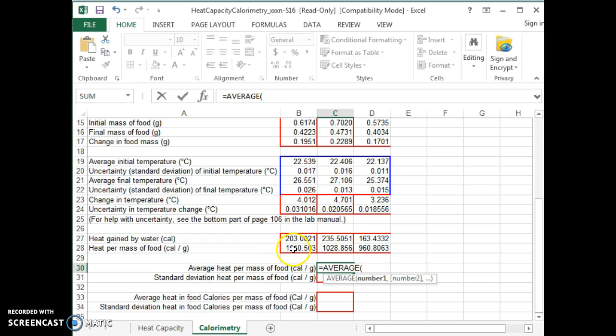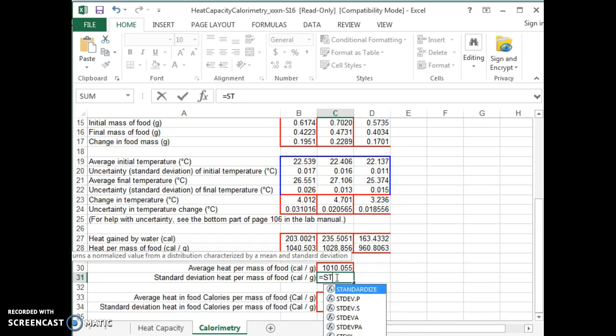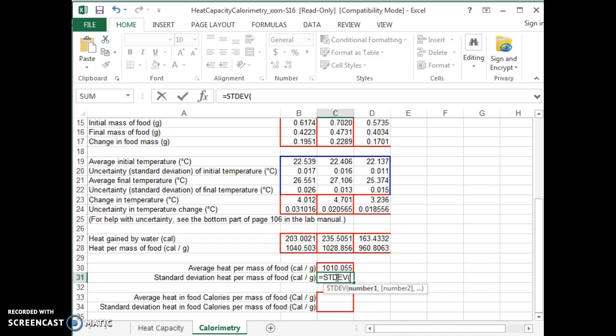So I'm going to click and highlight B28 through B30. I'm sorry, B28 through D28. Close parentheses, hit enter, and then the standard deviation is just going to be equals STDEV, open parentheses, and do those same three numbers.